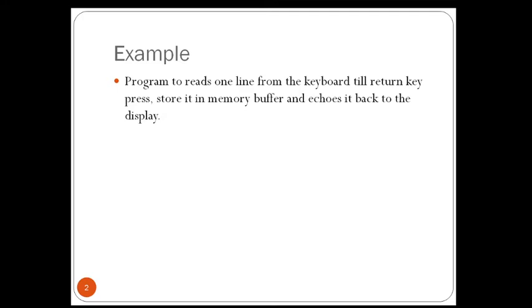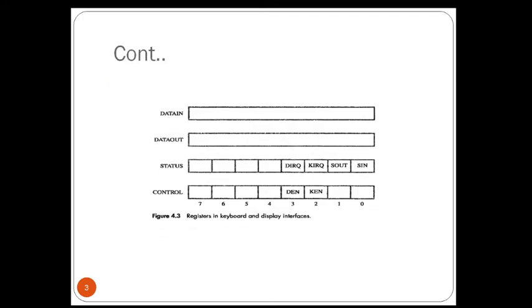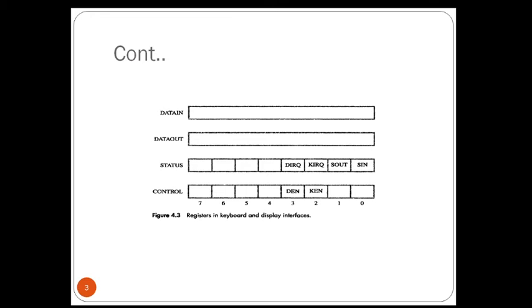There are 4 registers shown in the figure. These 4 registers are used in the data transfer operations: the data in, data out, status and control registers.